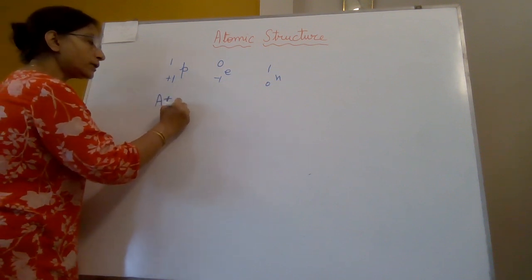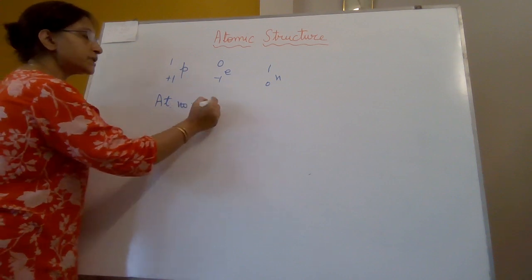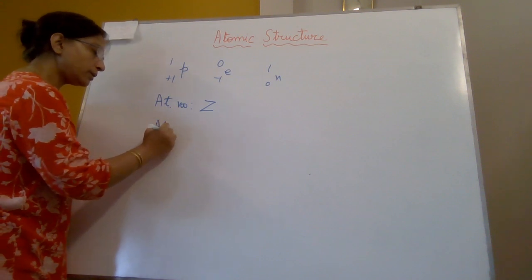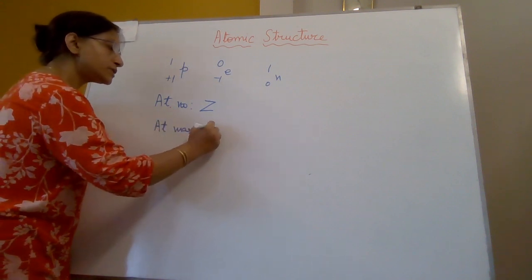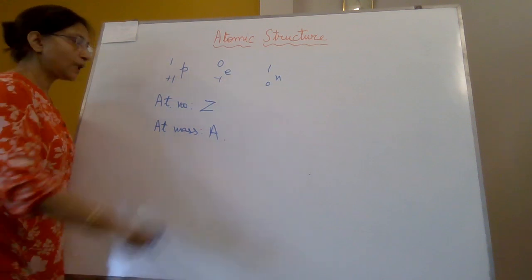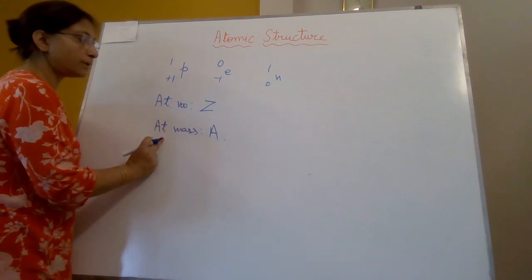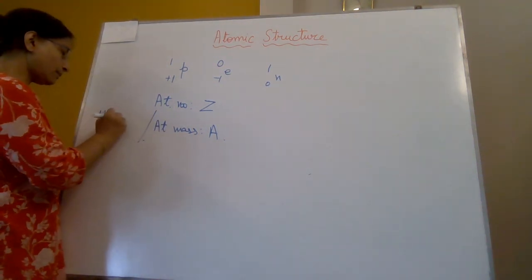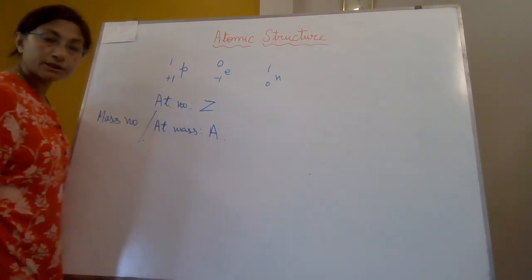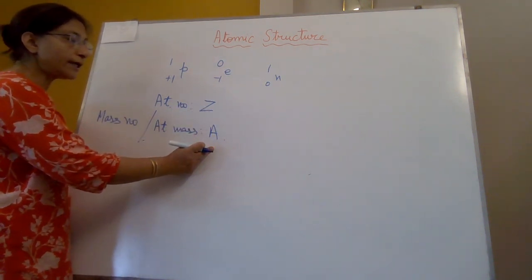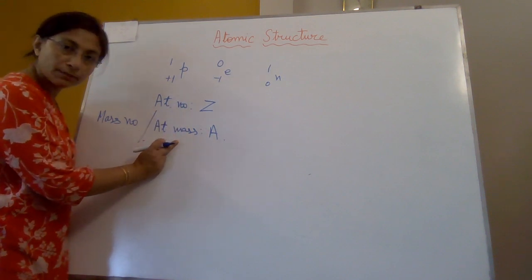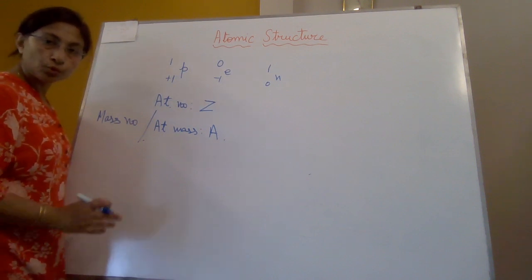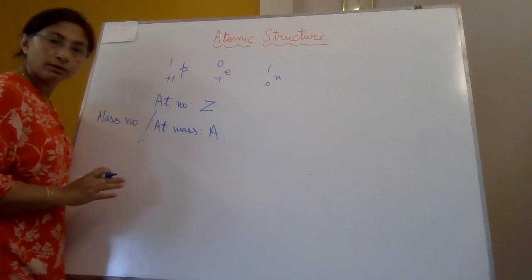The atomic number is represented by a capital Z and the atomic mass number is represented by a capital A. Now with the help of atomic number and mass number, can we identify the number of protons, neutrons and electrons that are present in an atom?